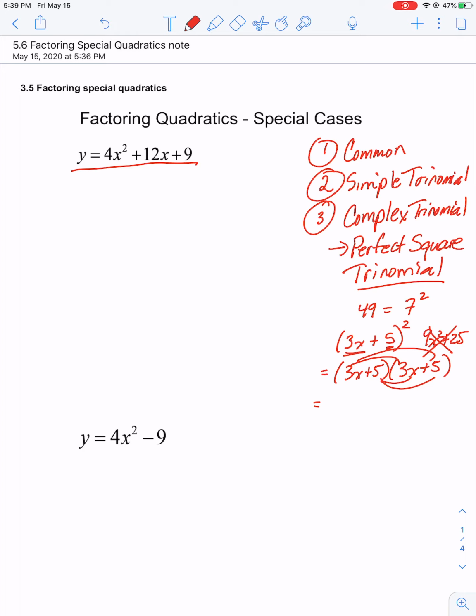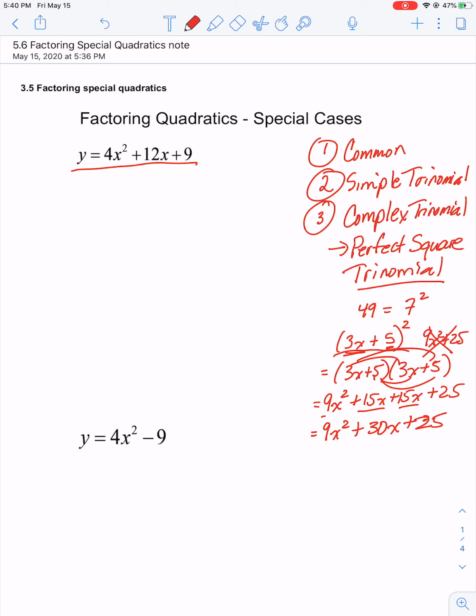So 3x times 3x, yes, that does equal 9x squared. So yep, there is a 9x squared in the answer. But 3x times 5 is a 15x. And then a 5 times 3x, that's another 15x. And then 5 times 5, yes, there is a 25. Oh, there is a 9x squared and there is a 25 in the answer. But there is also that nasty little middle term in there that you can't forget.